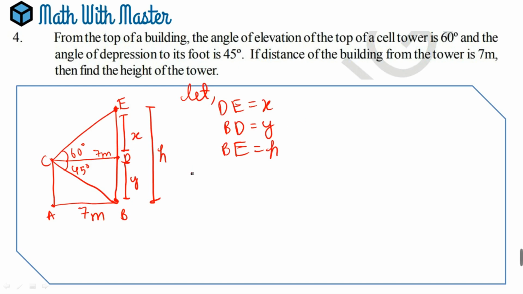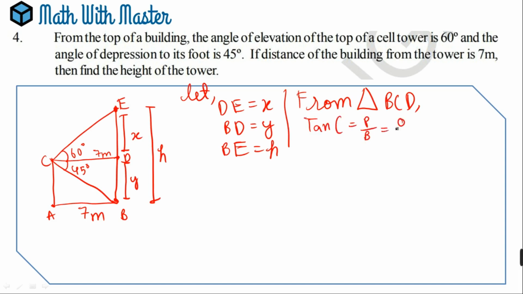So from triangle BCD, tan C is equal to perpendicular upon base. It can also be written as opposite upon adjacent, which is equal to BD upon CD, which is equal to, we have let BD as y and CD as 7.